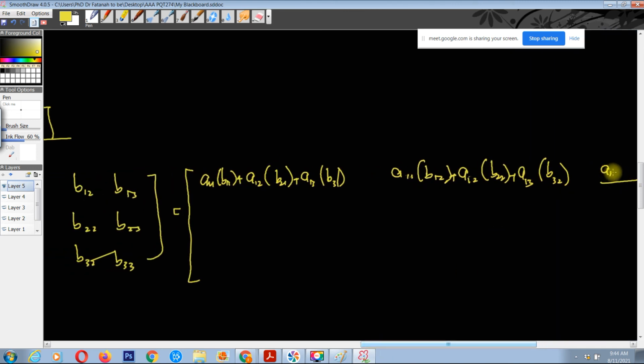This is the same pattern, but the change is here: A21, A22, A23, and then the same elements B11, B21, B31.